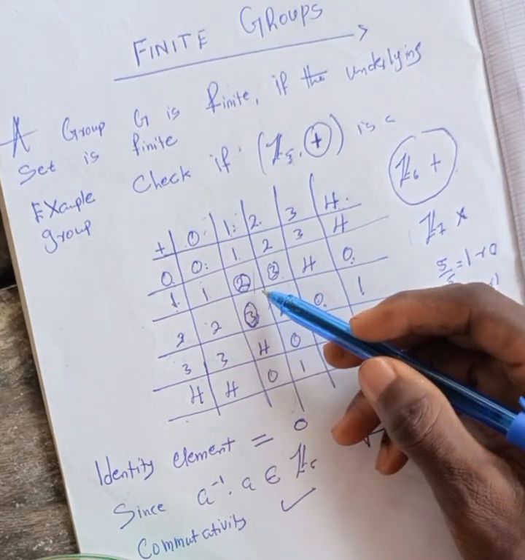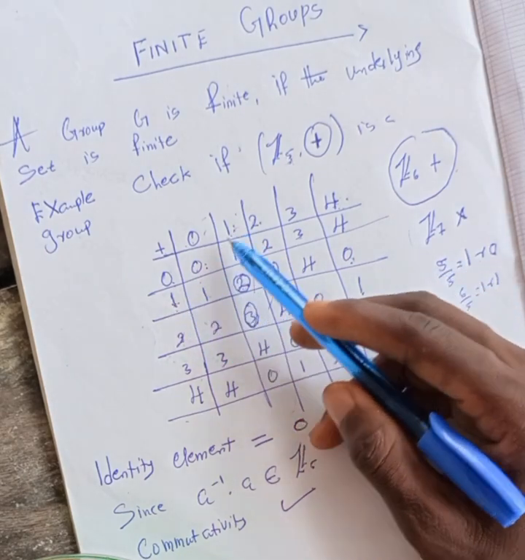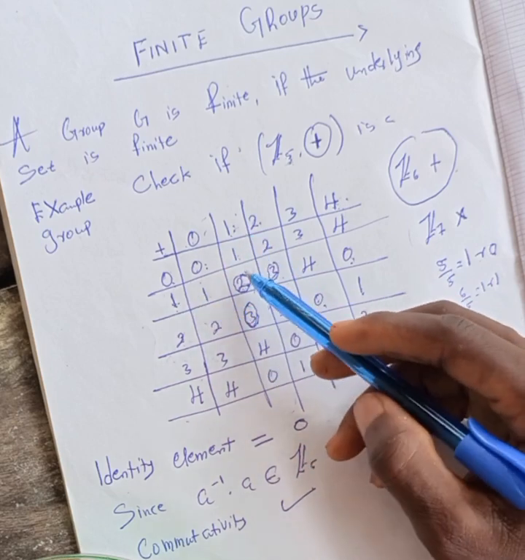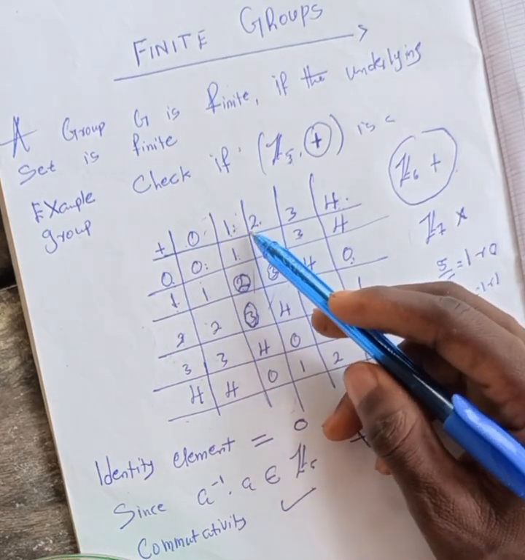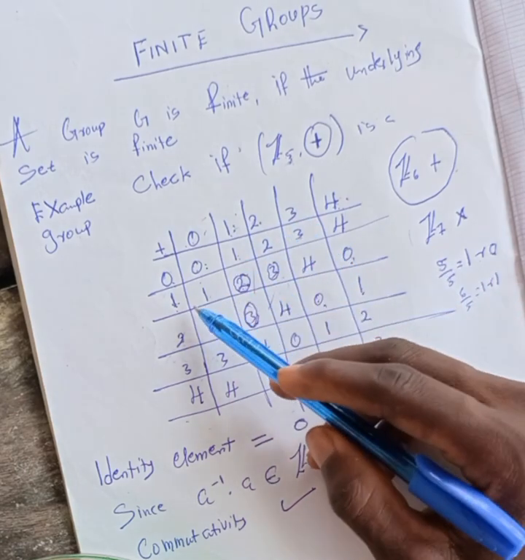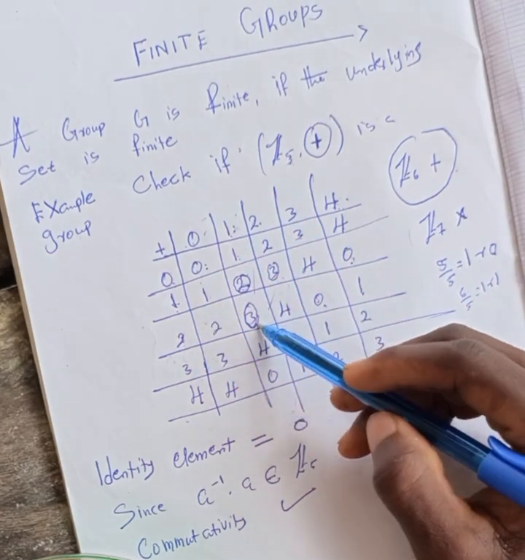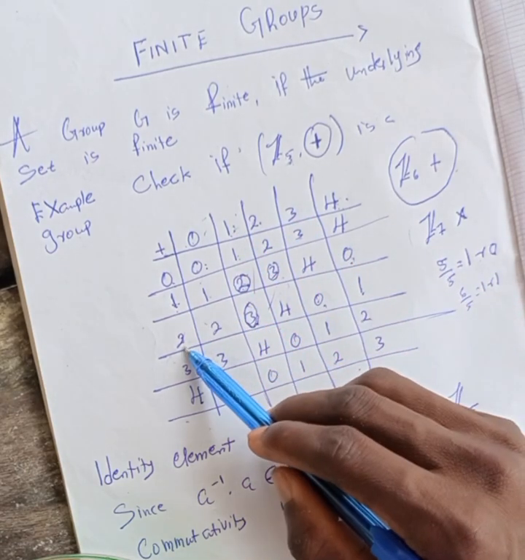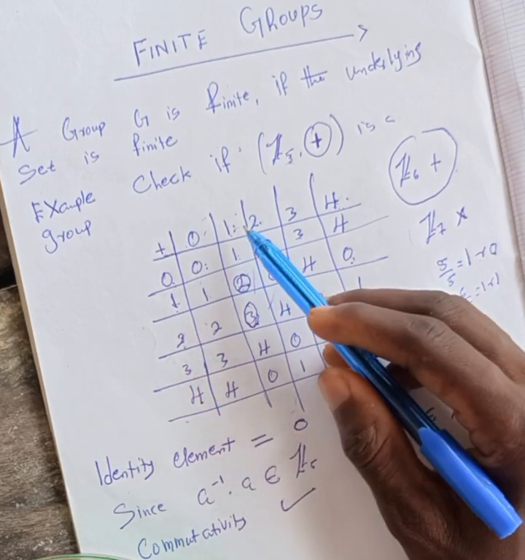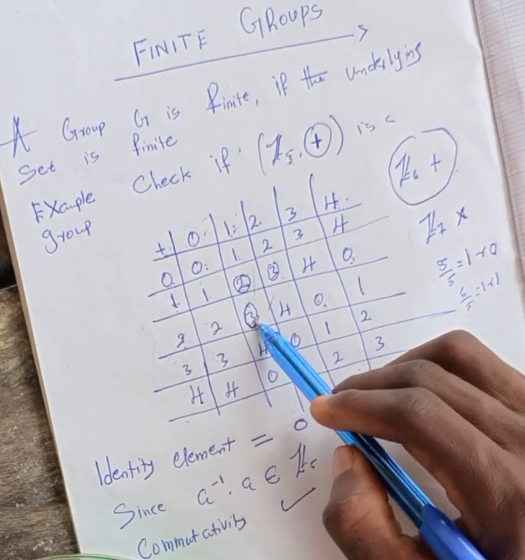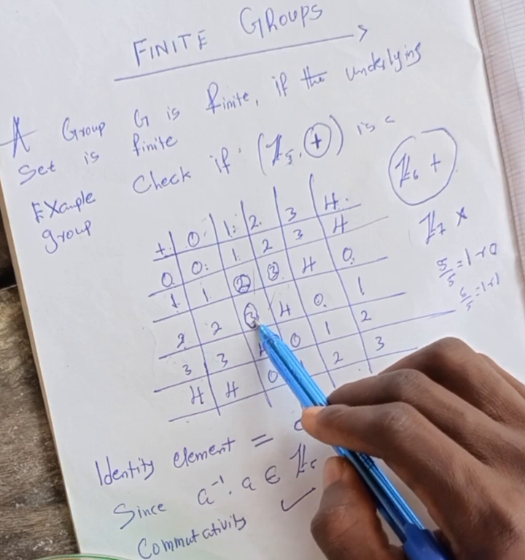Now, another proof that we need to check is commutativity. Now it is commutative, right? 1 plus 1 is 1 plus 1, and 2 plus 1 is 3. Sorry, it is not times, I mean 2 plus 1 is 3. Now let's check for the other one.